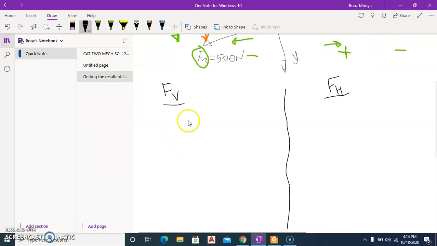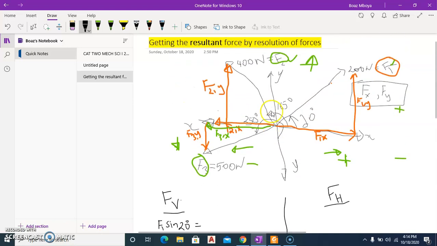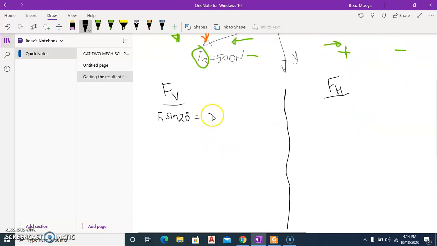Right, so we have F1 sine 20 degrees is equal to, so we know that F1 here is 200 newtons sine 20 degrees. So what does that give us?